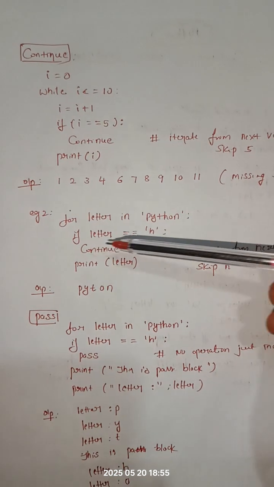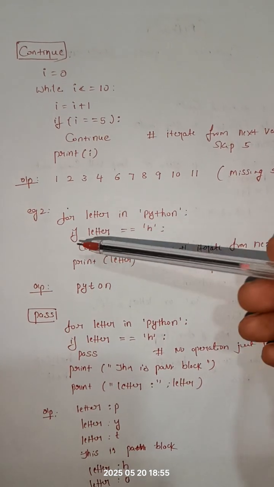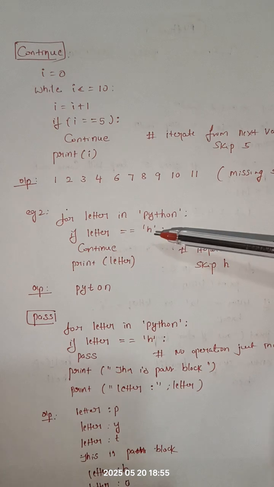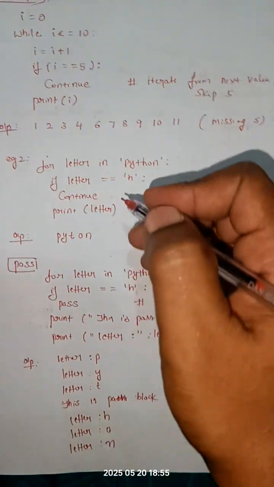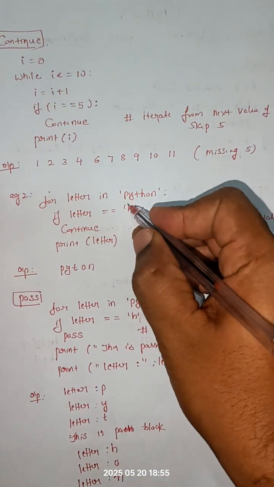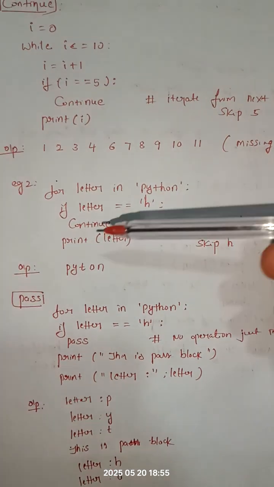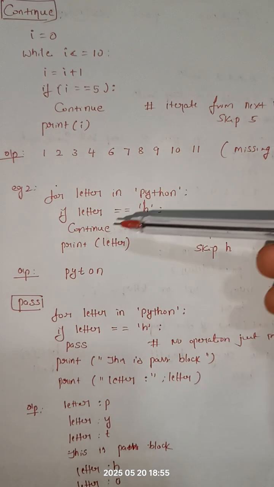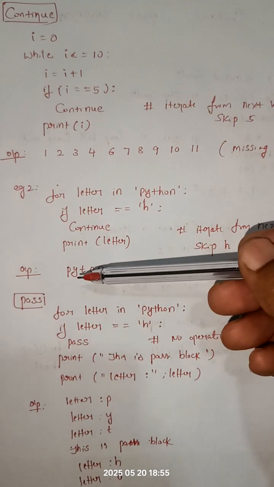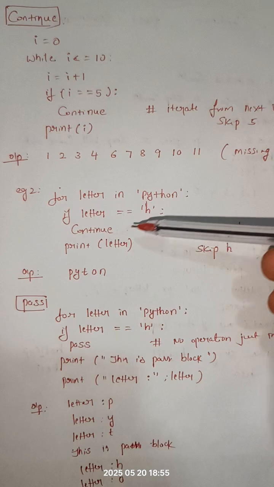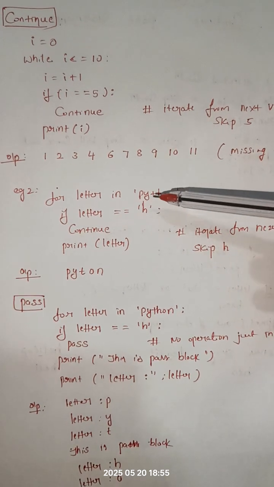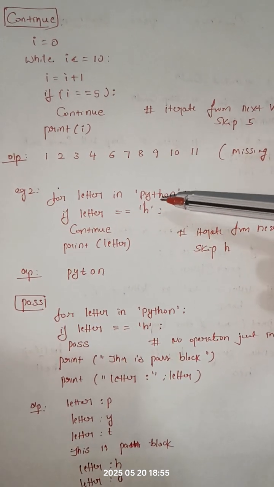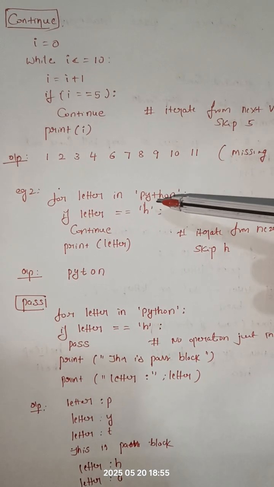If you take the string Python, for letter in Python, if the letter is equal to h, we'll use continue. Continue means, here h is there, so print the letter. What is going to print if it is continue? It is taking p y t, then at h it is missing.